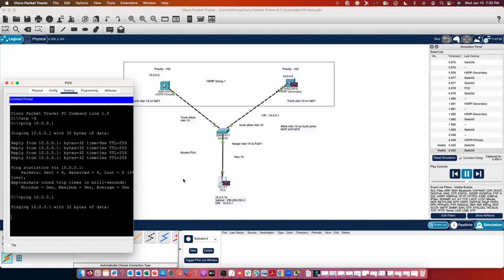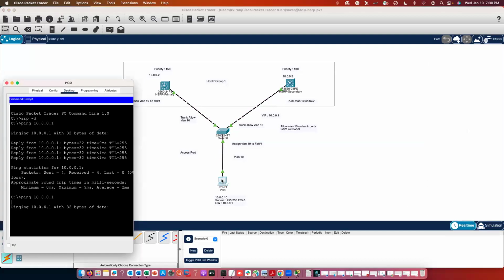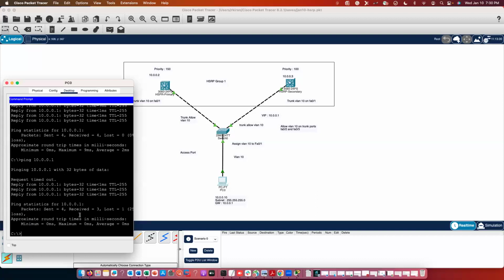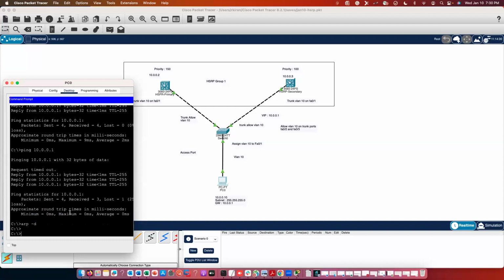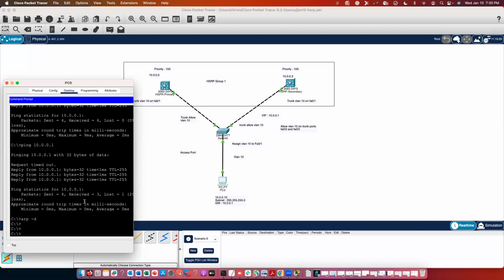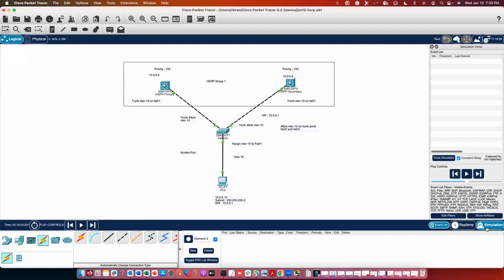We should have done that before, because the ARPs are not getting updated. So let me clear the ARP before we do that. One second. I'm going to clear the ARP here. You started replying, but we should have cleared the ARP. And now let's do the simulation.